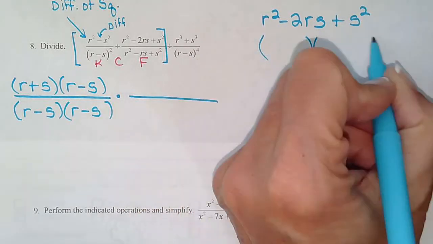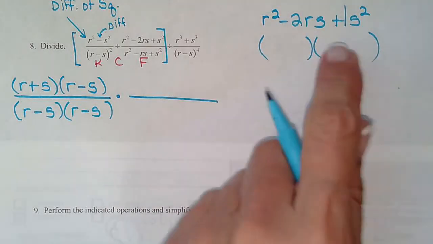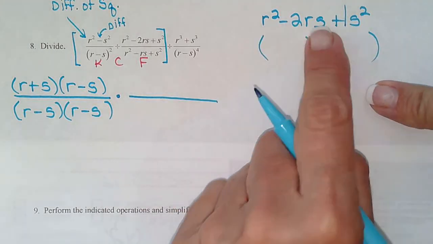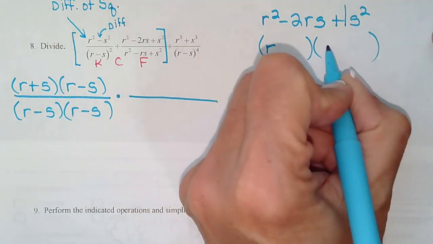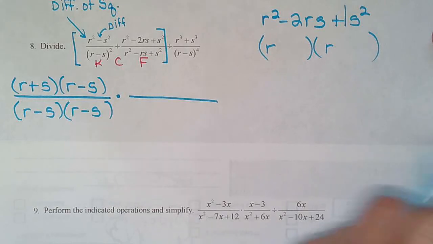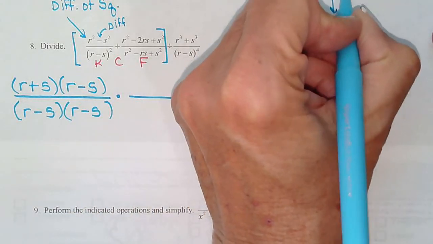So what you should notice is that, first off, you might want to put a 1 there. This is just a double bubble. It's a trinomial with leading coefficient 1, so I can do r and r. And then this says the signs will be the same.